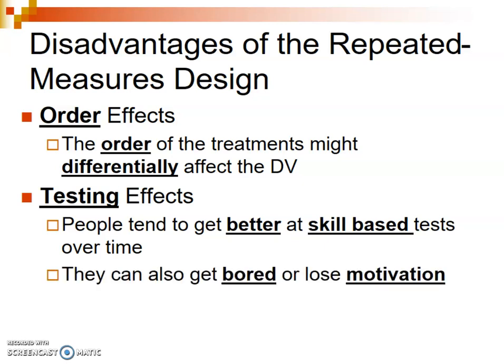Conversely, people could also get bored doing the same sort of study over and over again. So for other measures that might not be skill-based, people might just get bored and lose motivation to actually thoroughly participate in the study.